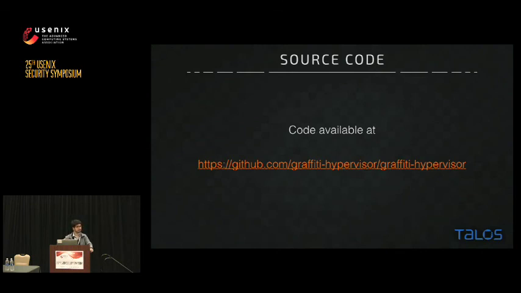Okay. I have another question. So the VMFUNC instruction that allows a guest to request a specific EPTP, I believe that runs in ring 3, so it's an unprivileged command.